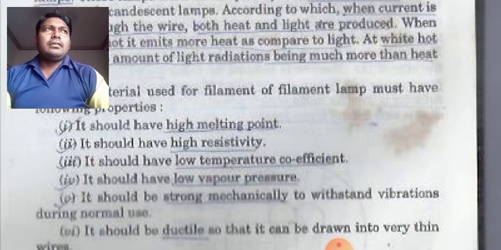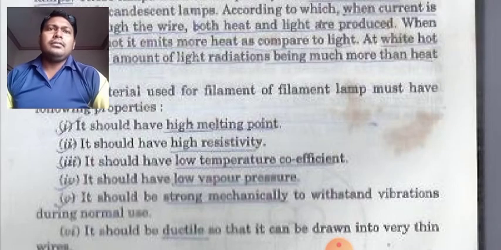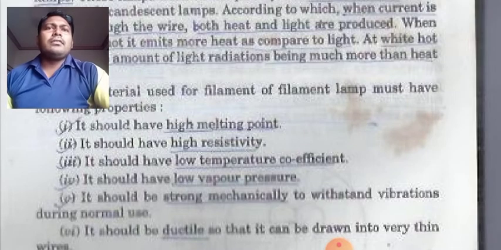Suppose I shift the bulb from one place to another, so there will be a continuous vibration in it. Or some imbalance is created by any animal or bird, what will happen? The vibration of the filament will take place, and if it does not have mechanical strength, it will just break down, which will cause failure of the incandescent lamp, right?